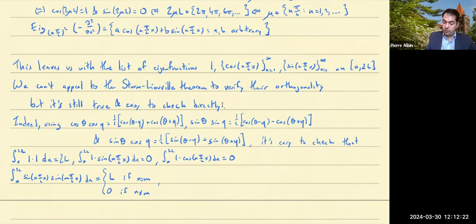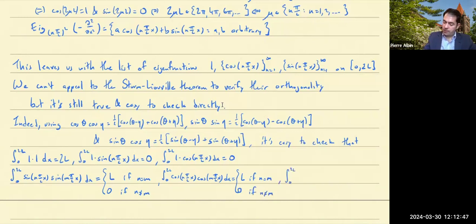When you multiply cosines together, you get L if n is equal to m, 0 if n is not equal to m.